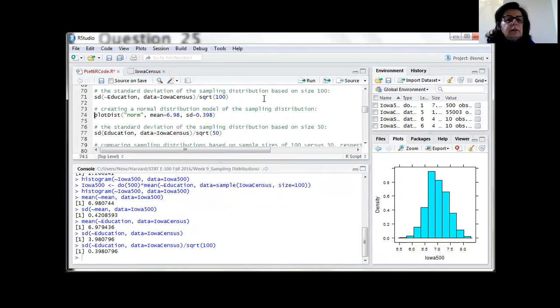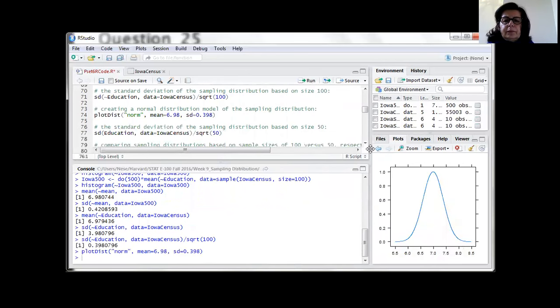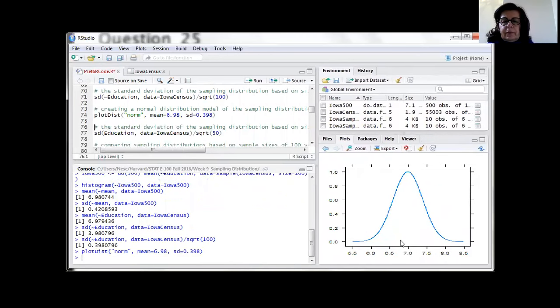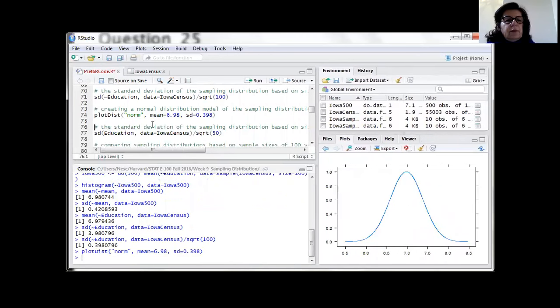We can create a density function for a normal distribution model. We provided mean 6.98 around here, and the standard deviation is 0.398 because that is what we calculated before, and this is the normal distribution model of the sampling distribution.